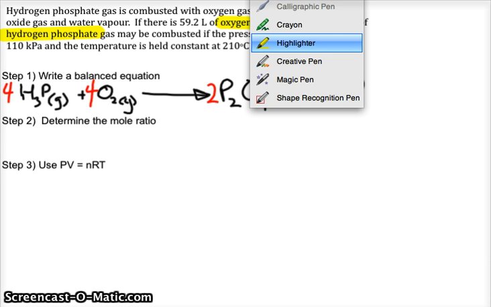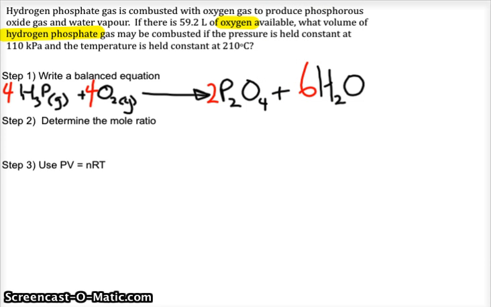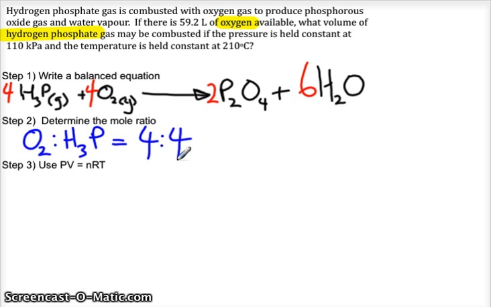So we see here that our ratio is 4 to 4. We're going to use that later, just not right this second.